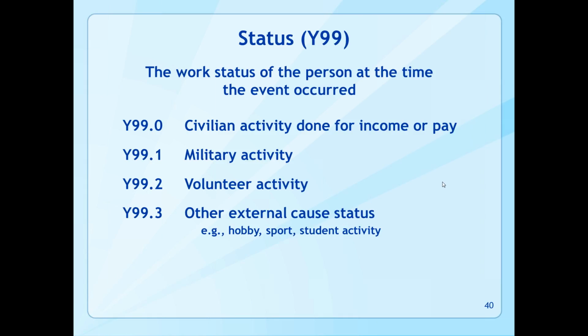The final set of supplemental codes I want to mention is the status codes, the Y99 codes. These codes are used to identify whether the injury involved civilian activity done for income or pay, if it involved military activity, whether it occurred when somebody was volunteering, or some other status, such as participating in a hobby or a leisure activity not for pay, or if it happened when somebody was doing sports or recreation or something not for income, or some other type of activity like a student activity, some activity at school, that type of thing.